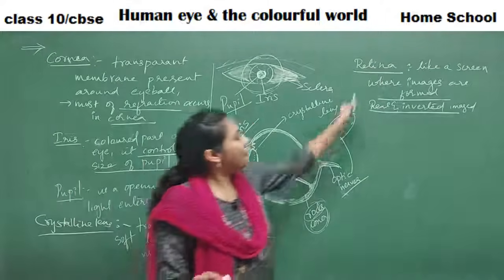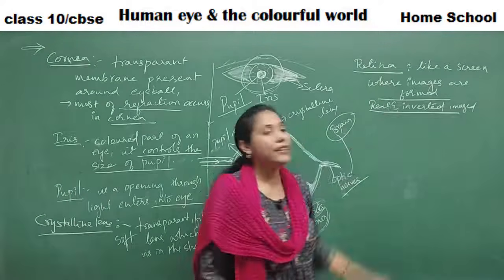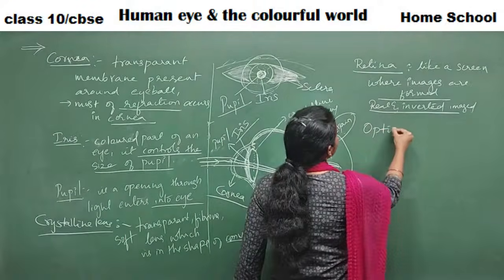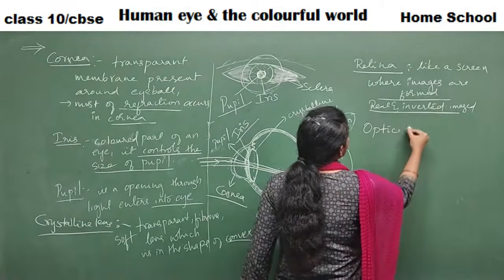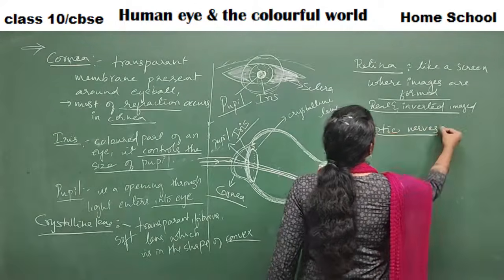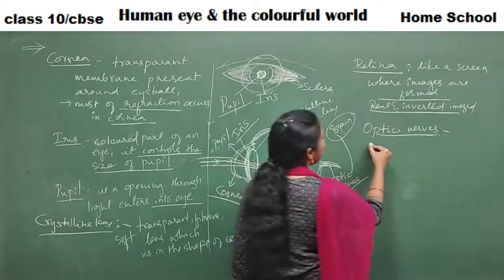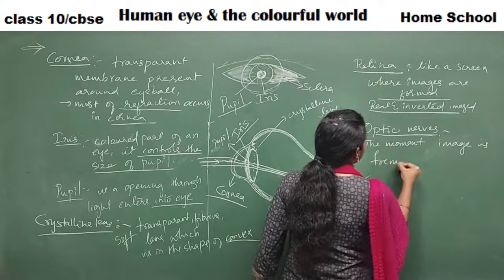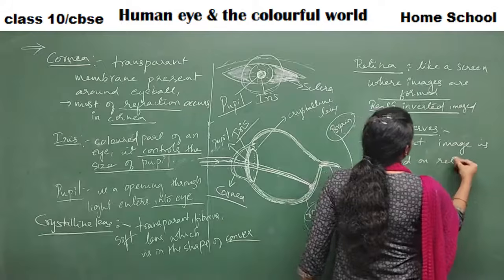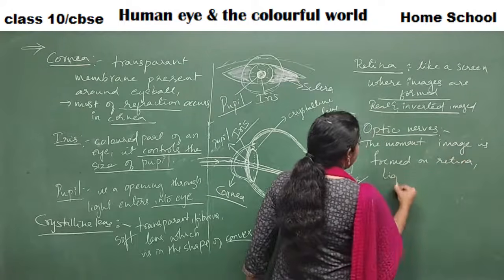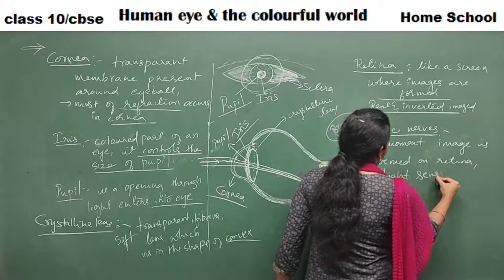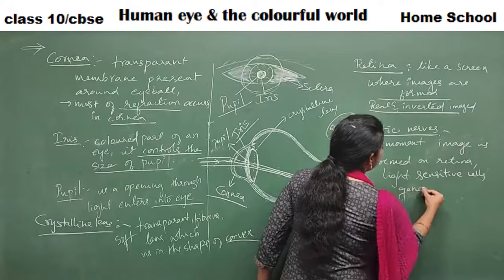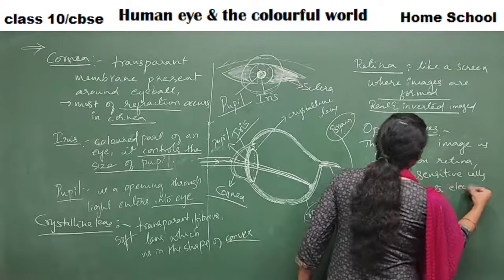Clear? So what type of images are formed on the retina? Real and inverted images. Okay. So now let us speak about one more important term, optic nerves. What do we mean by optic nerves, guys? The moment an image is formed on the retina, light sensitive cells generate electric signals.